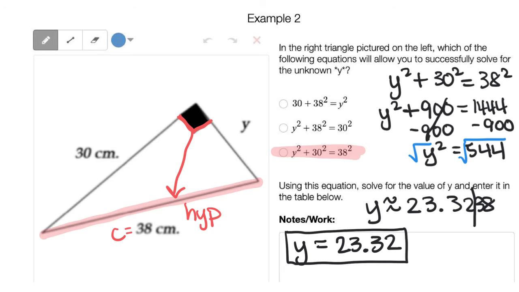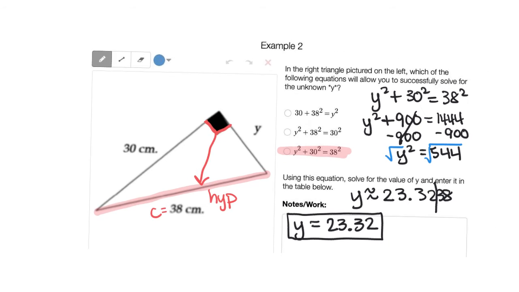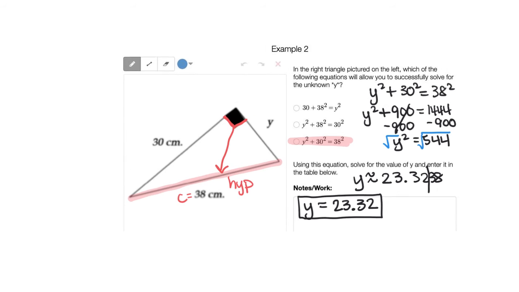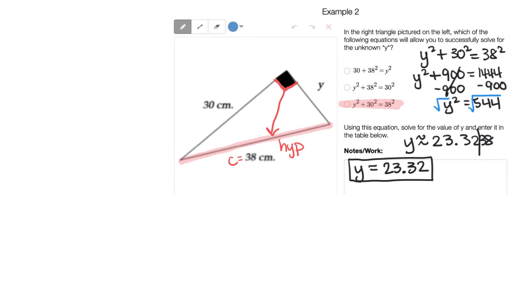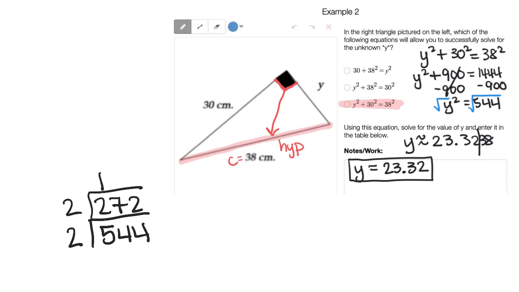Typically, I would prefer if you simplified that as a square root. So just a reminder how we would do that. We would do that birthday cake approach. 544 divides by 2 to get 272. I can divide by 2 again to get 136.